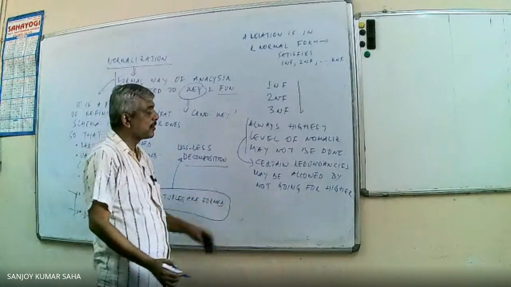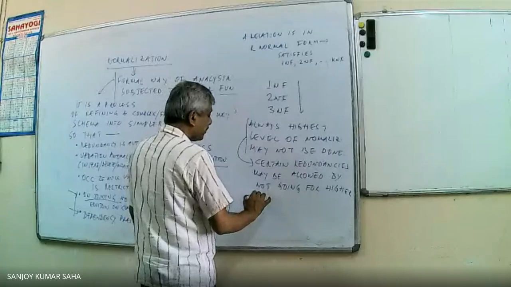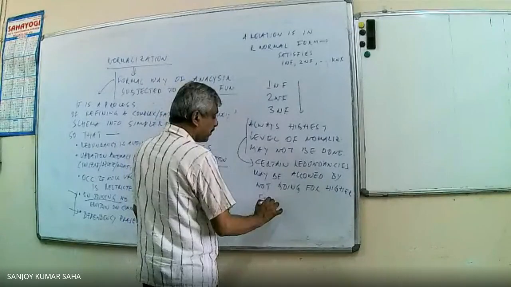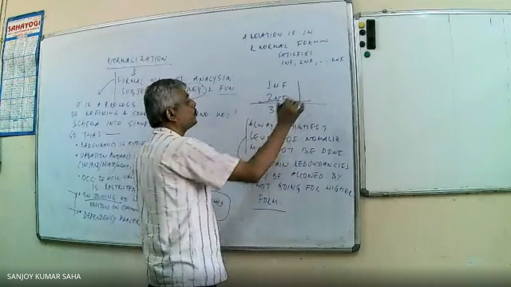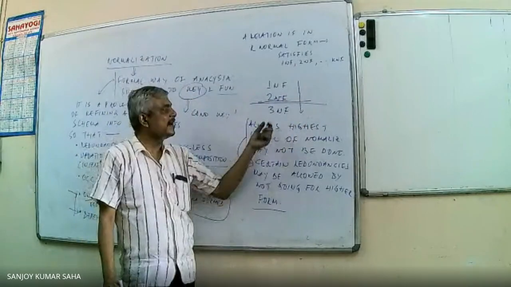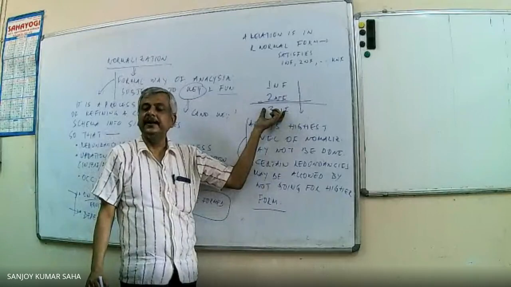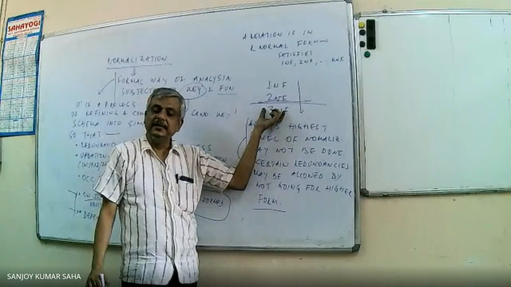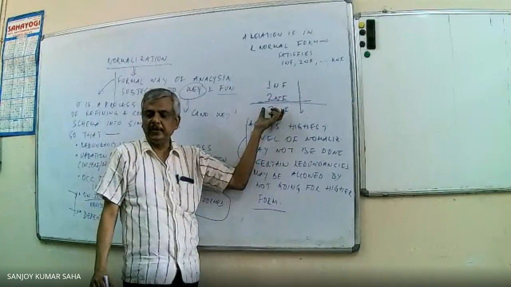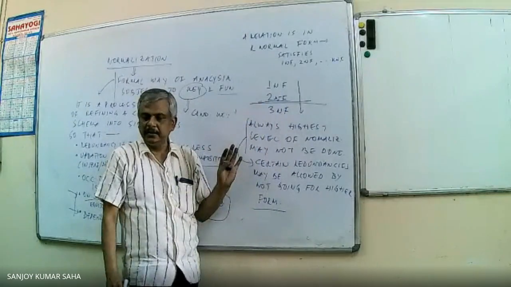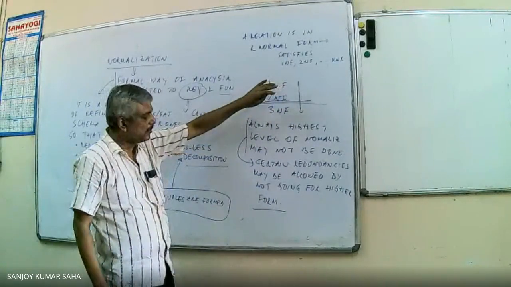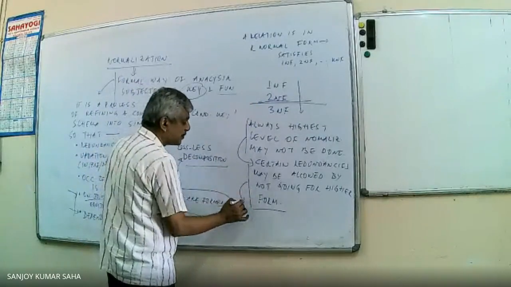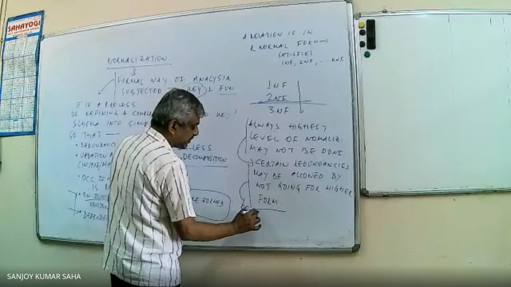For example, it was possible that we could move up from second to third NF, but if we don't go for that, some redundancy will be there. Still, we may say stick to the lower level. If it is so, this is known as denormalization.